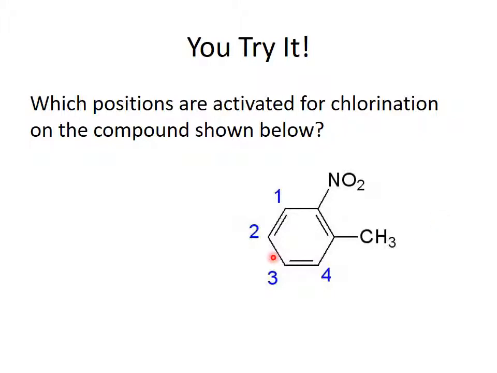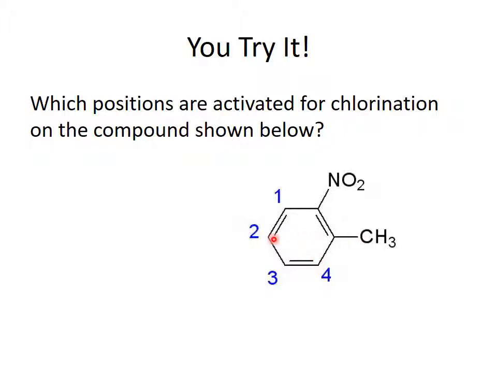Which of the following positions are activated for chlorination on the compound shown below? So if I look at this, I will see that there is a methyl group, which is an ortho para-director, and I see a nitro group, which is a meta-director.